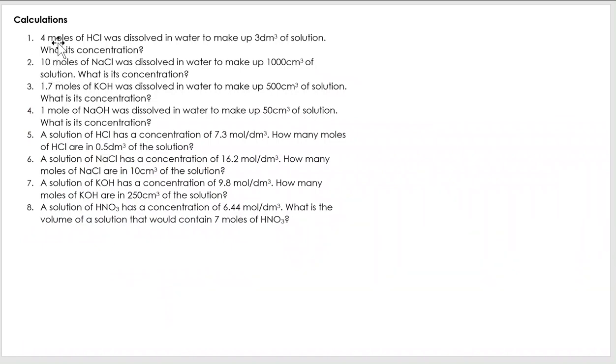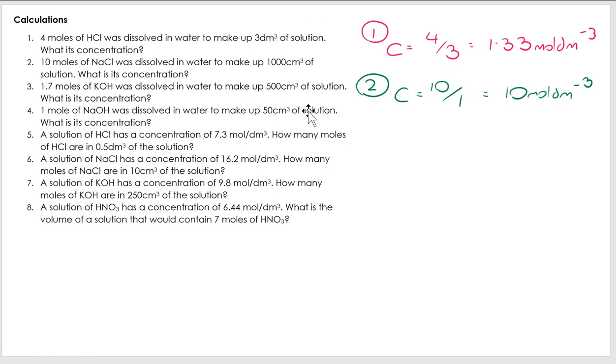So on number 1, I've got my N, 4, and I've got my V, 3. To get my concentration, I do 4 divided by 3, 1.33 moles per decimetre cubed. So that's already in decimetres cubed. On the next one, my 1,000 centimetre cubed, I'm converting to decimetre cubed. 1,000 over 1,000 is 1. That means I've got a concentration here of 10 moles per decimetre cubed.